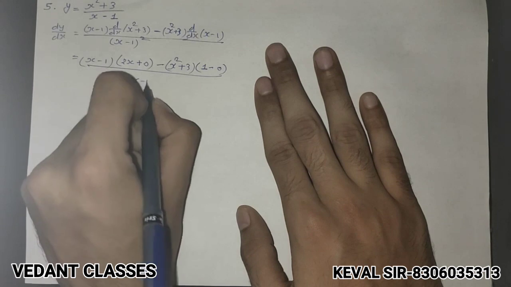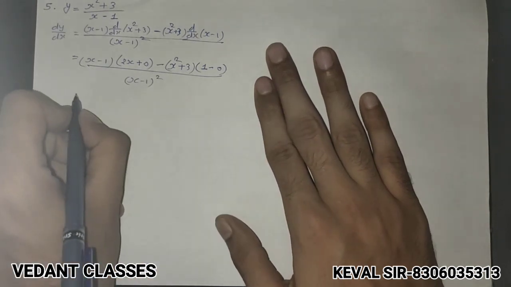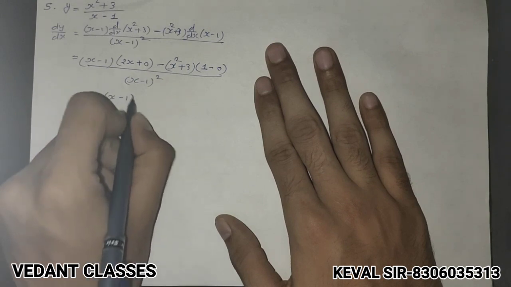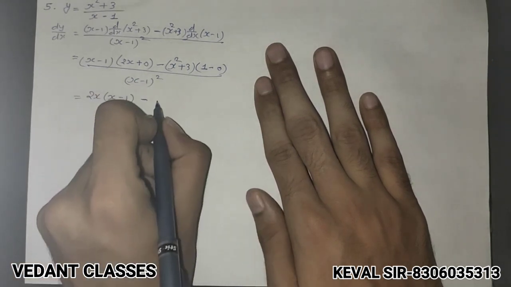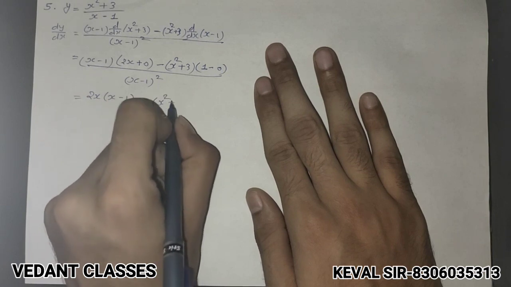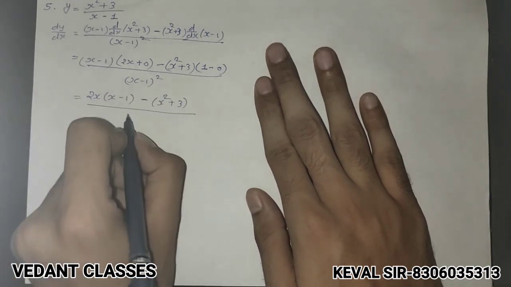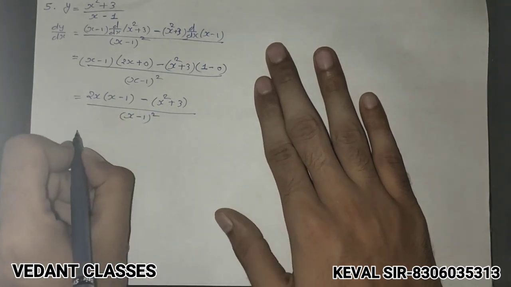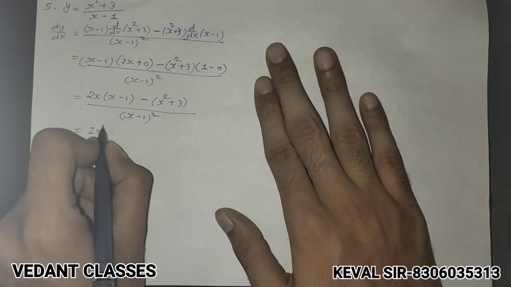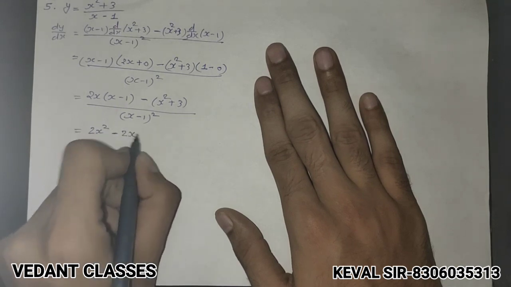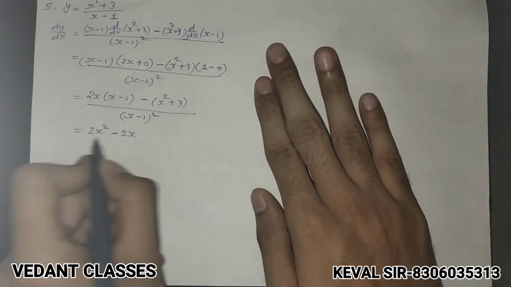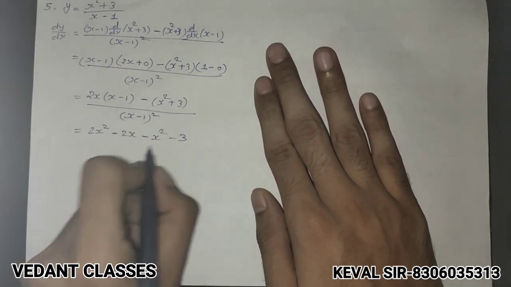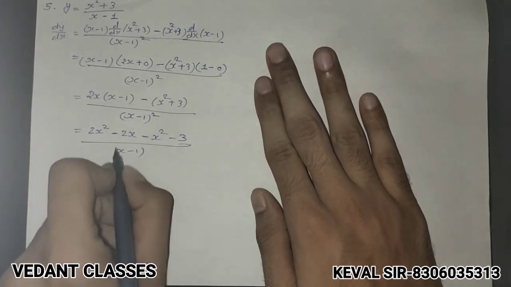Keeping denominator x minus 1 the whole square, so it will be 2x in bracket x minus 1 minus of x square plus 3, it will be x minus 1 the whole square. Okay, you can operate the bracket and solve. 2x square minus 2x, then minus of x square and minus 3 upon x minus 1 the whole square.